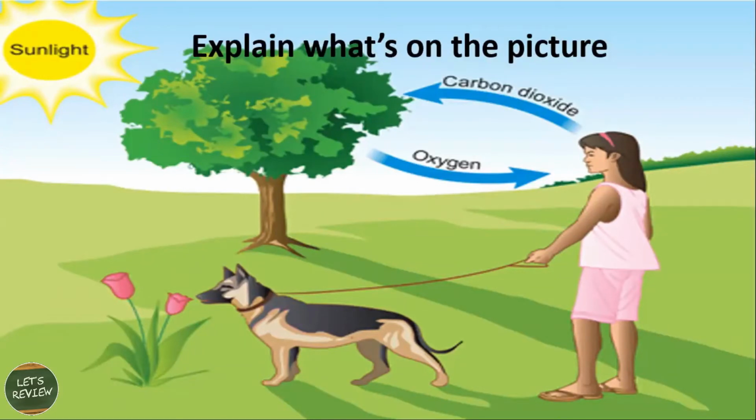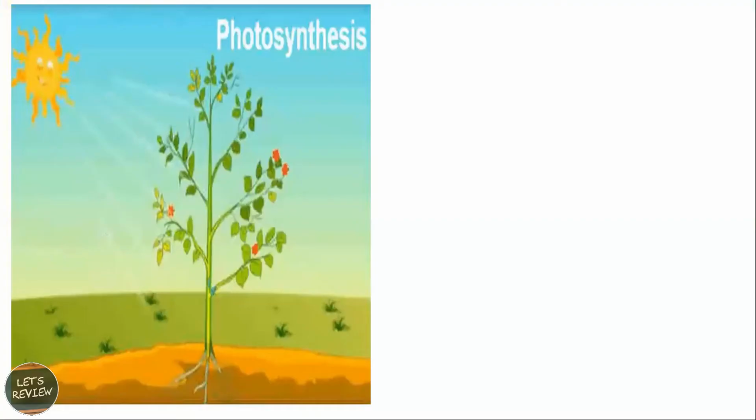So in this picture, the famous exchange of gases between humans or animals and plants, wherein the waste product of plants and trees is oxygen that is needed by animals and humans, and part of the waste product of animals and humans is the carbon dioxide needed by plants.